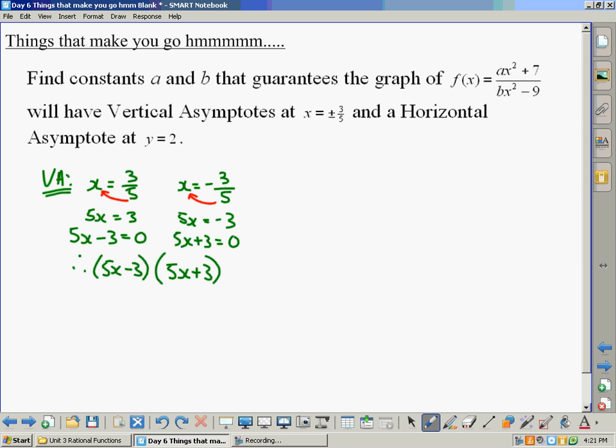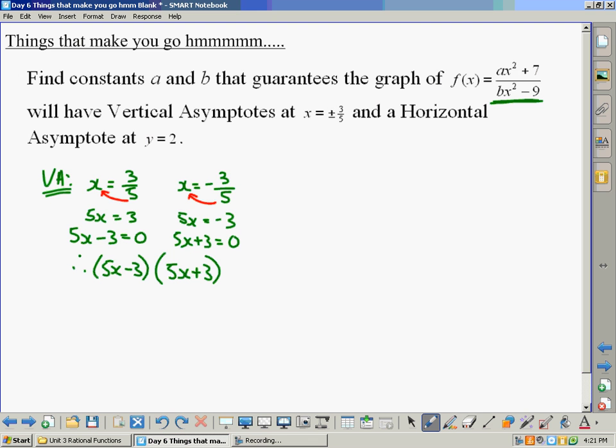Knowing that those are the two factors that produce the vertical asymptotes, I'm now going to look at my equation and see that this might have come right from this factoring. If I stop and think about it, I have a difference of squares on the bottom, bx squared minus 9.